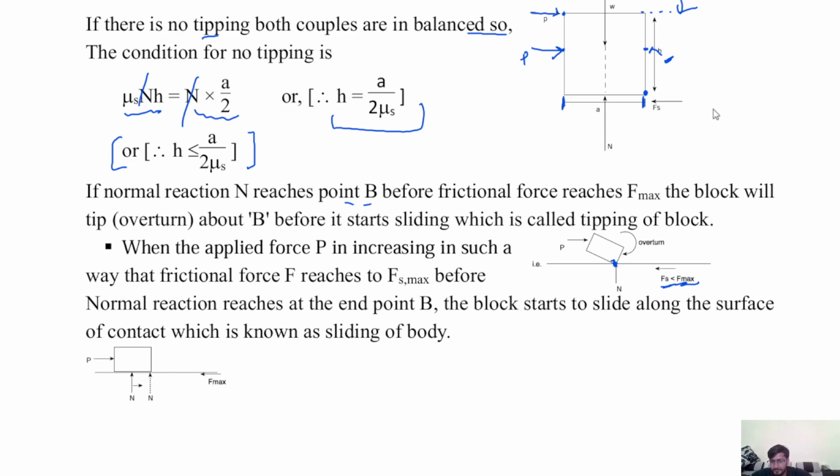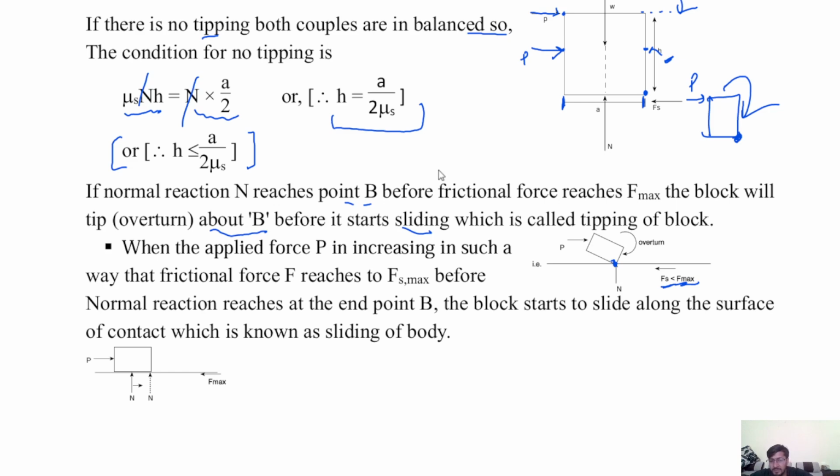Tipping means this P force suddenly overturns this block in this direction. Tipping means overturn about some point. So here it overturns about B before it starts sliding.